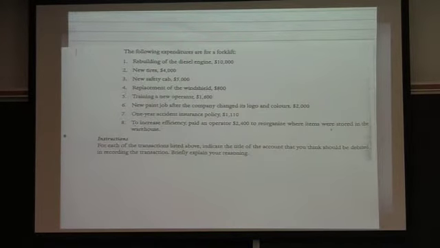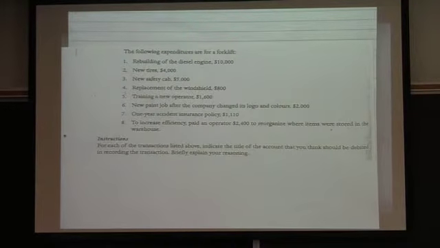In fact, rebuilding the diesel engine may make the equipment much more productive, or perhaps extend its useful life. If you have any of those criteria, then the $10,000 should be debited or added to the cost of the forklift, because it's going to add future economic benefit.